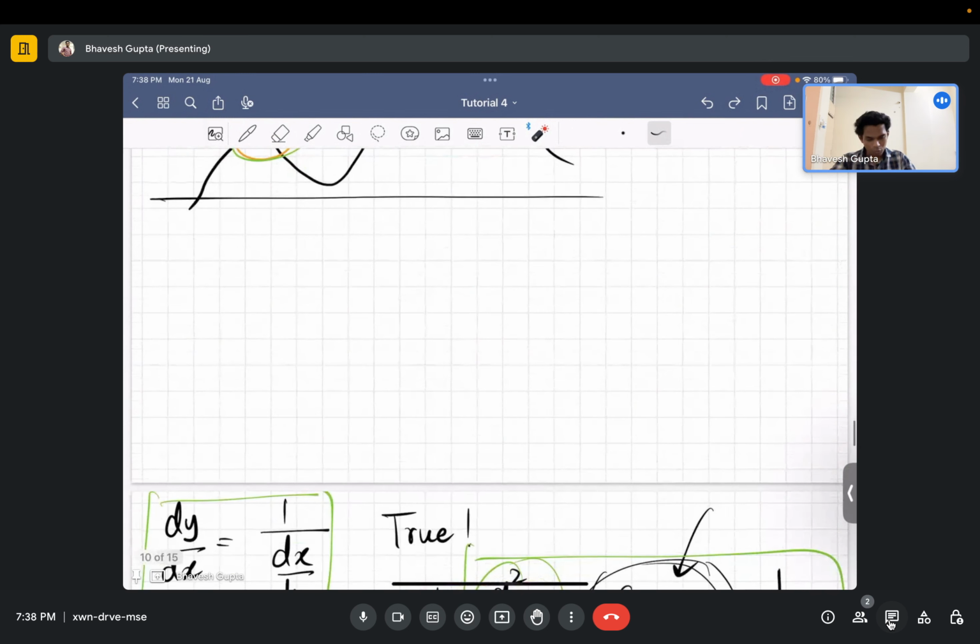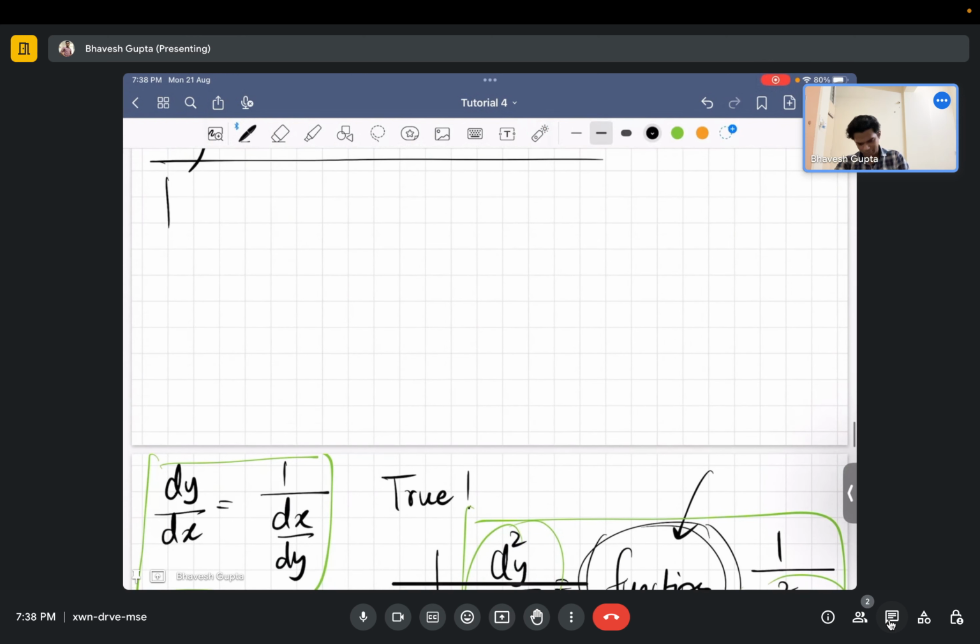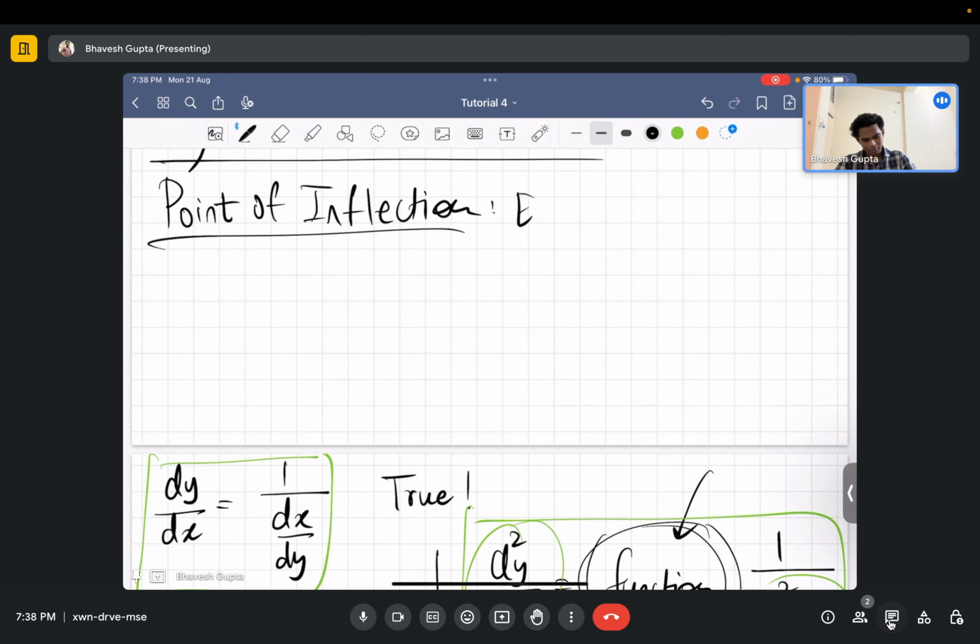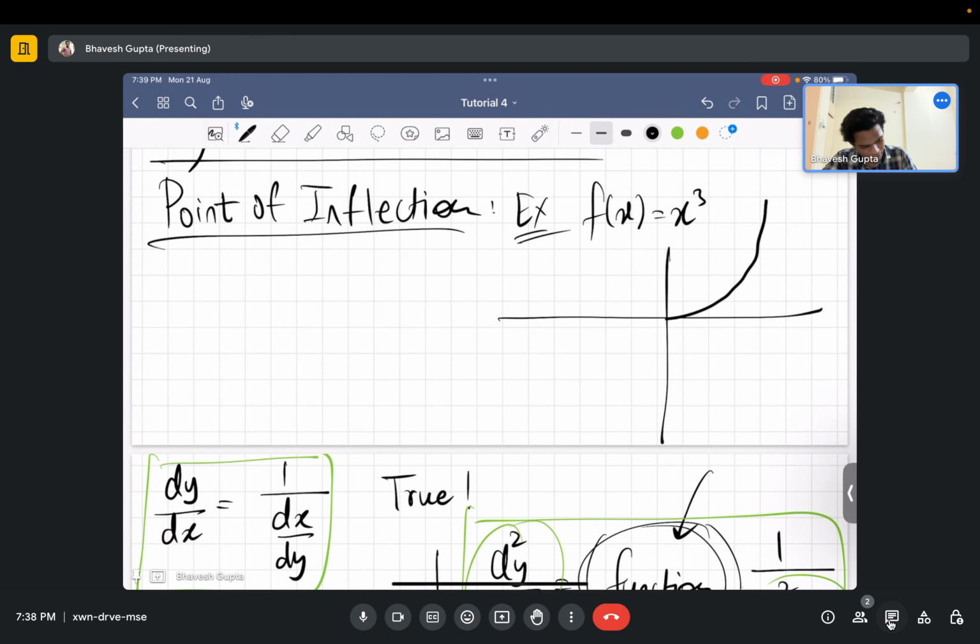Now I would like to focus your attention on something called a point of inflection, which hardly people talk about. The example for this point of inflection I would give you is the function f(x) equals x cube, where if you see the curve, it turns out to be this.